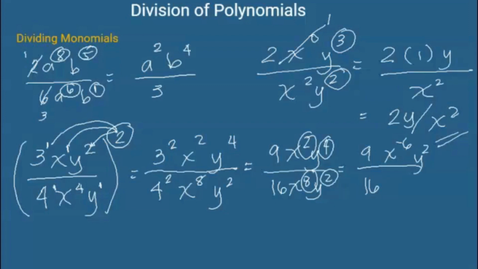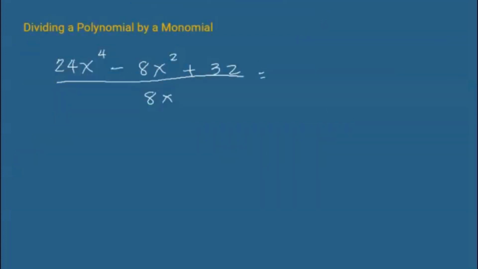Then let's make x raised to negative 6 positive by getting the reciprocal, so it will go to our denominator, x to the 6 here. So 9 y squared over 16 x to the 6 is our final answer.